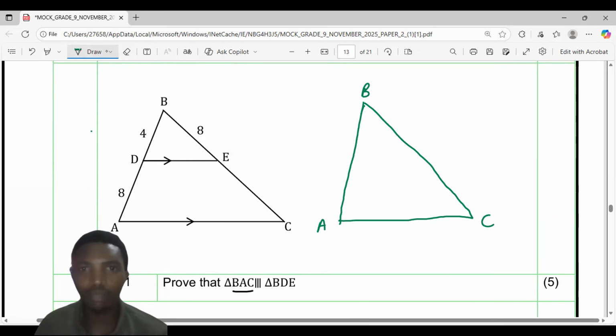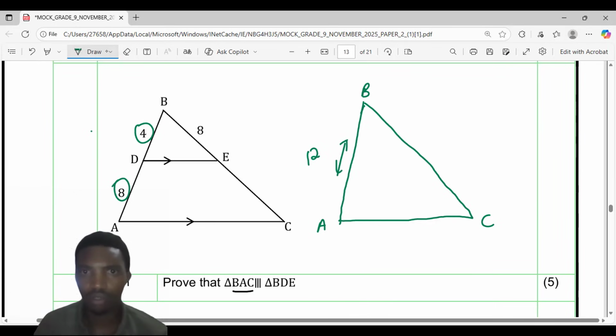So how much is AB or BA? How much is this side? It is 12, because we have to add the 4 and also 8. So this side is going to be 12.